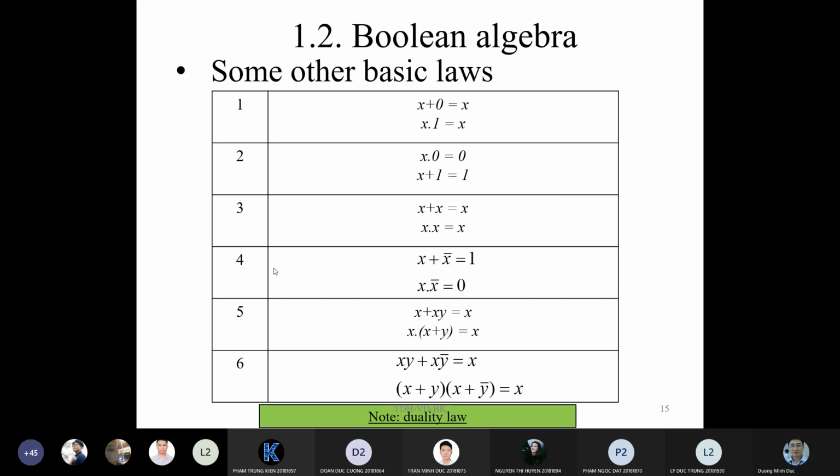Okay, the fourth law is: the disjunction of one variable and its negation is always equal to 1. And the conjunction of one variable with its negation is always equal to 0. This is also very common, right?